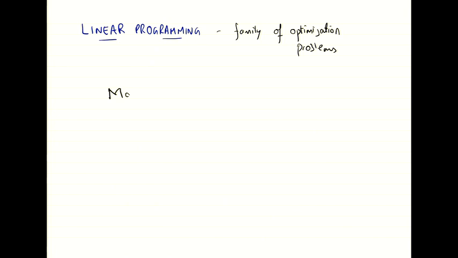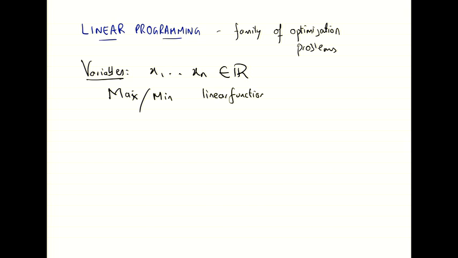You have some variables, x1 through xn, some real valued variables, which are real numbers. And then you maximize or minimize some linear function of these variables, a degree 1 function of x1 through xn.